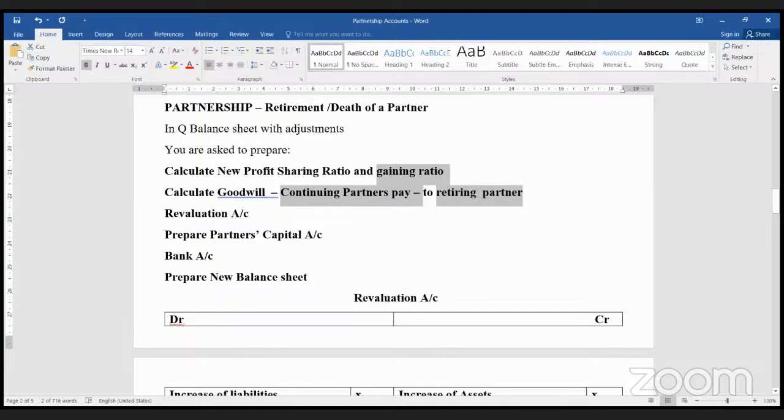Till that time that partner was part of the business, and because of him also they may have been making profits. After his retirement, they are the ones who will share the profits. His share also they are only going to take. But for the efforts made by the retiring partner till the date, they give the goodwill. Understood?